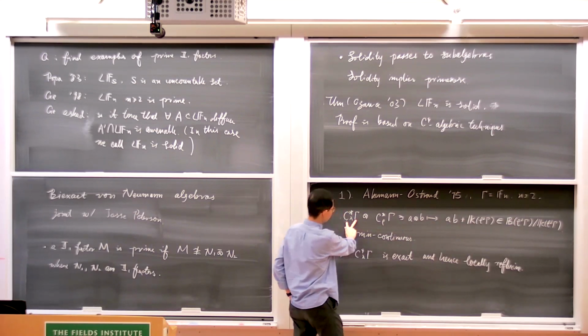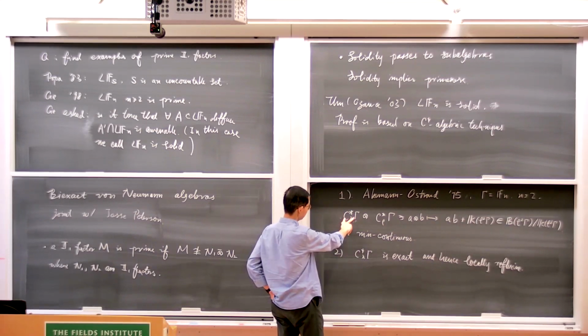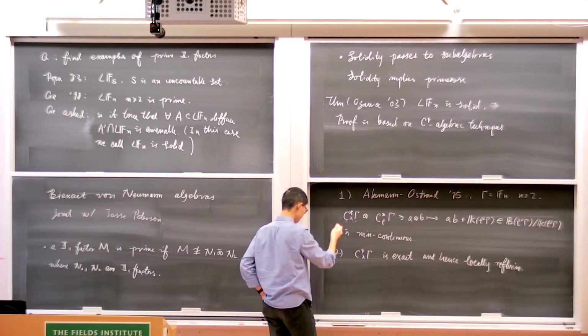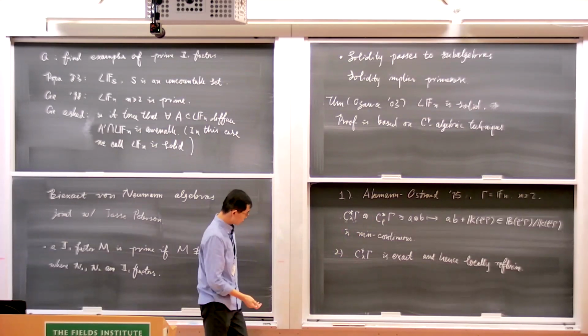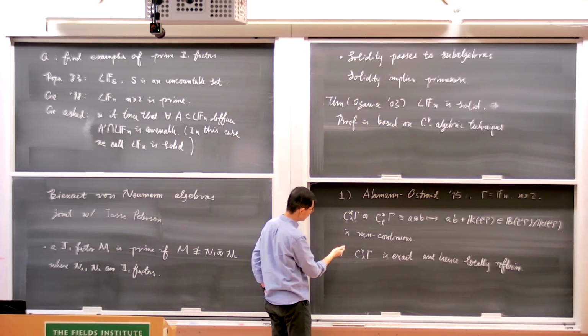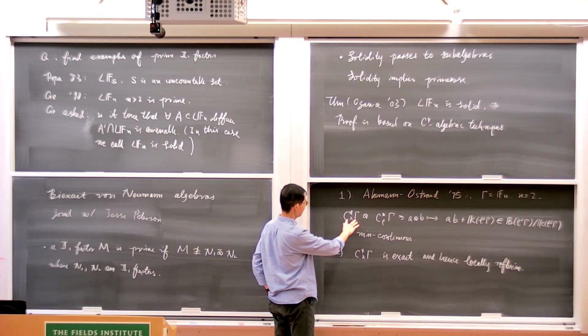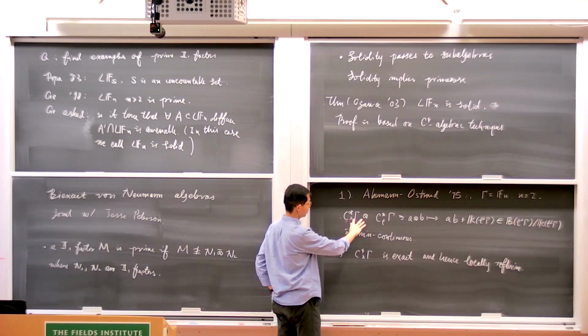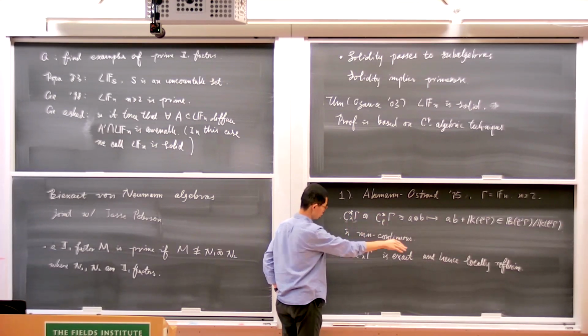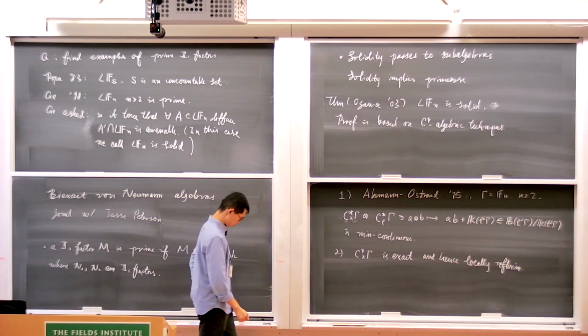And now essentially what we're going to get is a map from, let's suppose this is a von Neumann algebra here, because that uses the exactness to pass to the von Neumann algebra. So essentially what we're getting is a map from A tensor L gamma to B of L2.